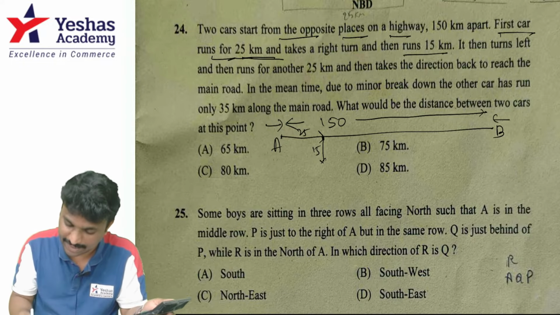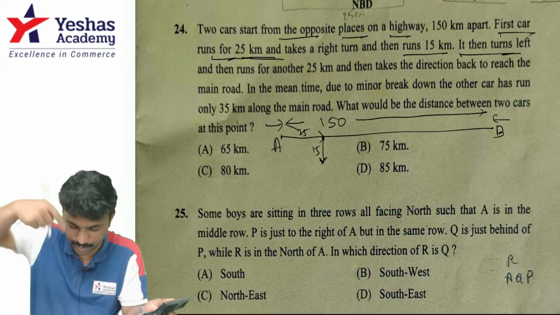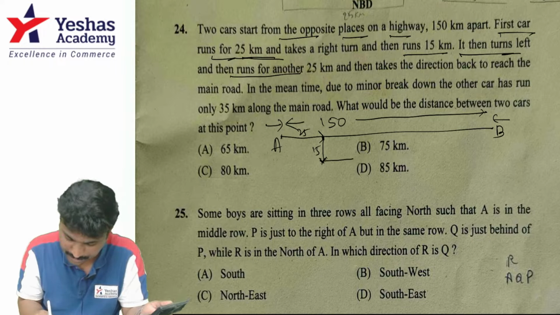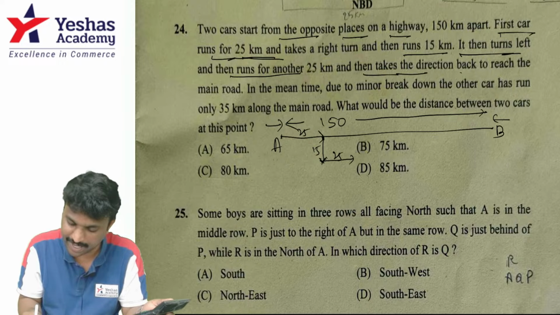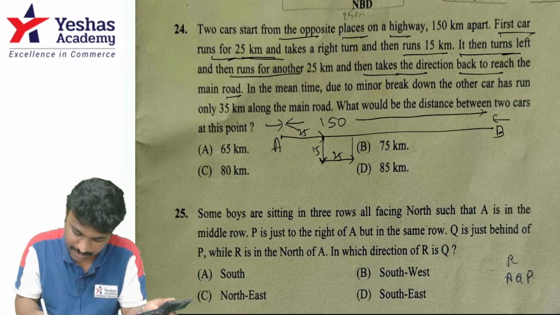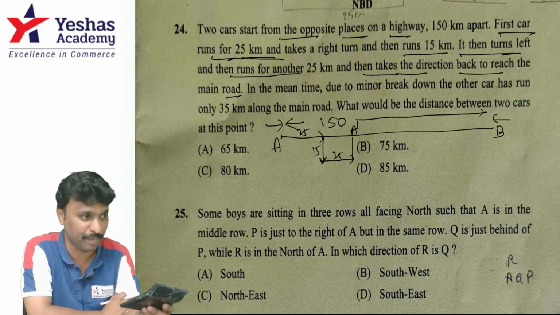Is it clear? It then turns to the left. Left is right, because it is going towards south, and runs another 25 kilometers. And then takes the direction back to reach the main road. That means it comes over here. So that's it. This is the final position of the first car. I'll mark it as A dash. All right.